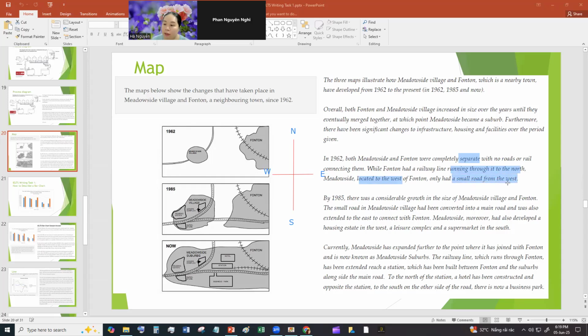So yes, thank you for that question. This is also a very important piece of information I forgot to emphasize. So number one, in map description, you need to use location descriptive language. And those normally are prepositional phrases to show location. So to the north, to the west, from the west.